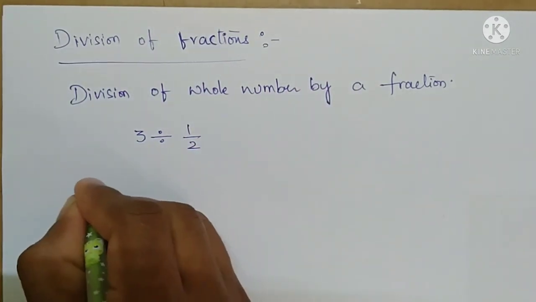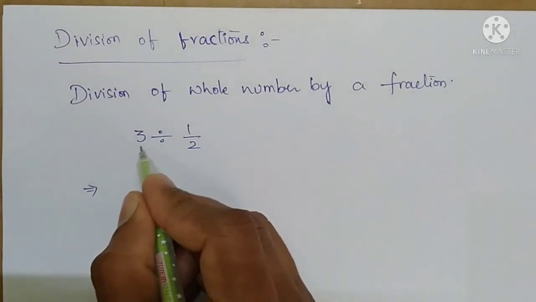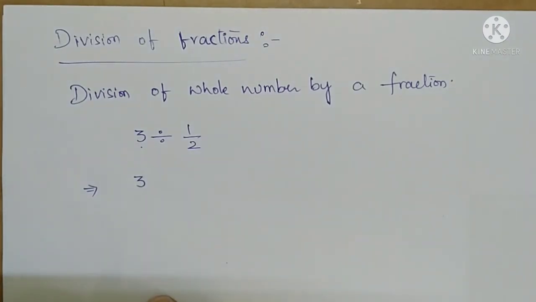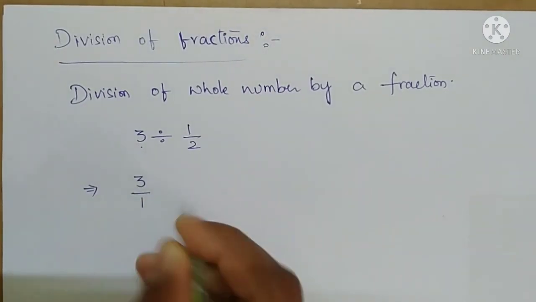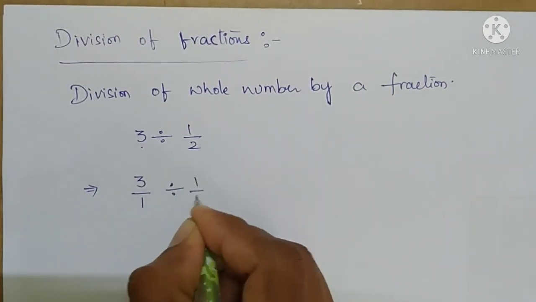So how to divide a whole number by a fraction? Here 3 is a whole number, so we can write it as 3 by 1, divided by 1 by 2.